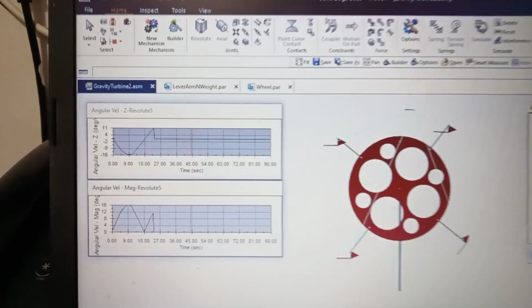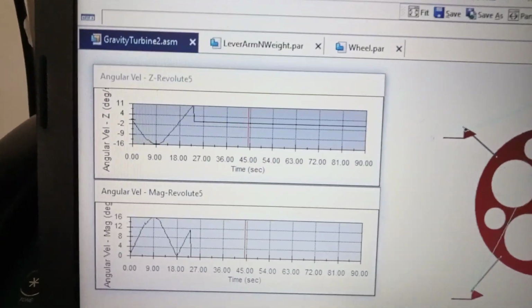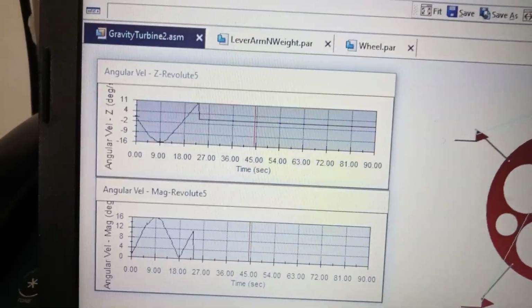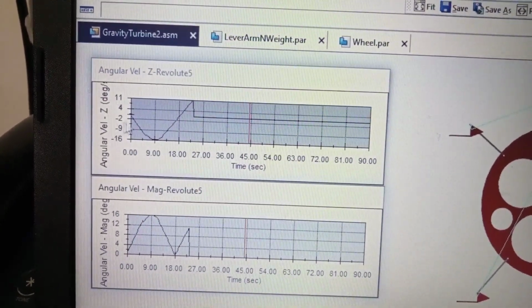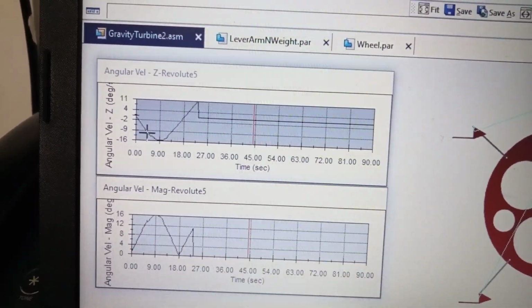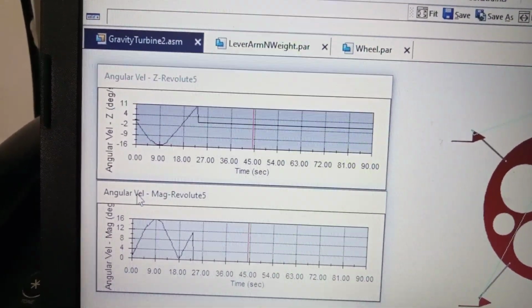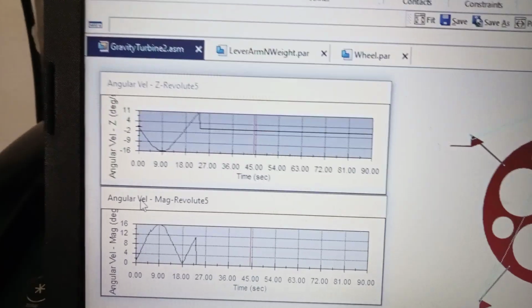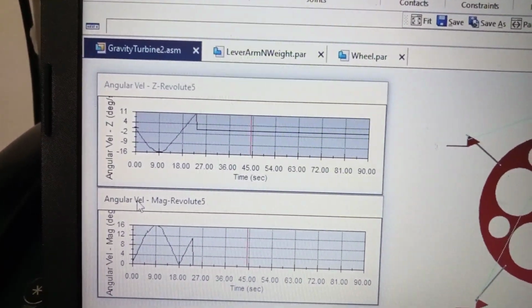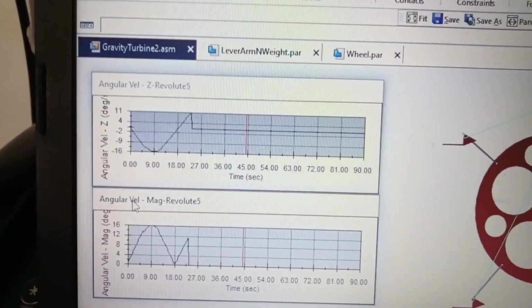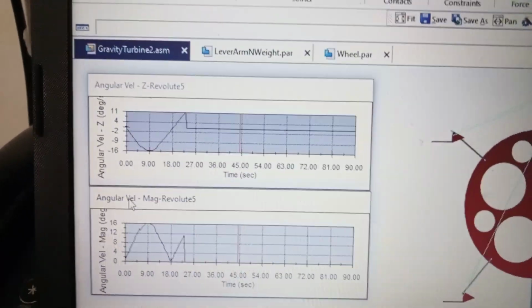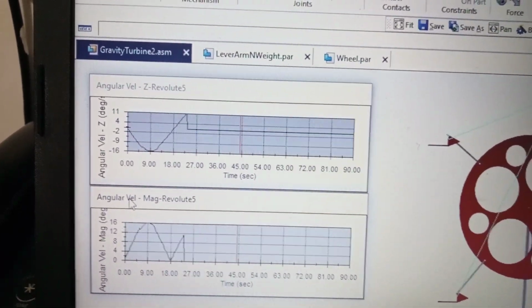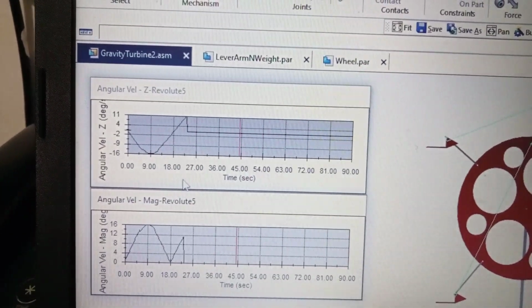The simulation ends and the graphs are plotted. As you can see, when you plot the velocity about the z-axis, the velocity increases from 0 degrees to 16 degrees per second, meaning the wheel accelerates, and then it turns to the other direction.